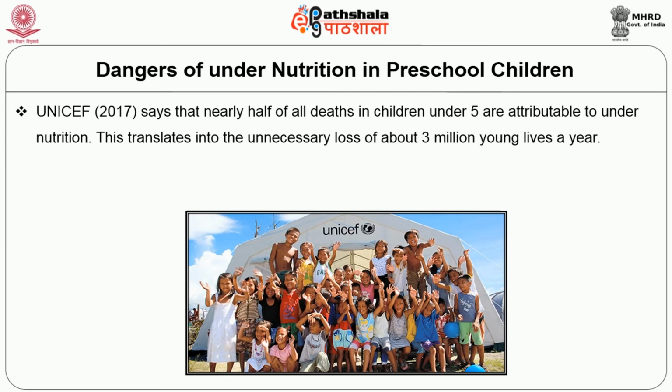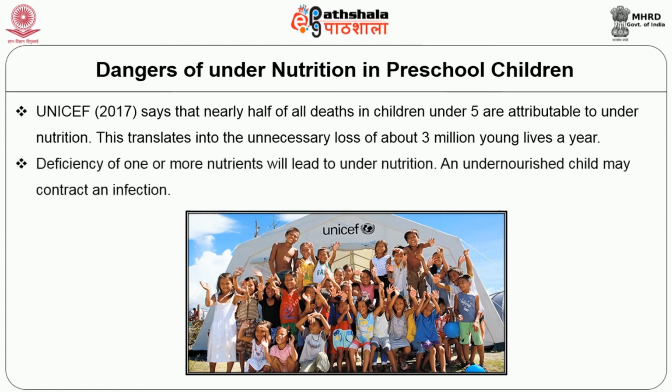What happens if it is not given a priority? There are some dangers of undernutrition in preschool children, and we are going to explain those things. UNICEF, the United Nations Children's Emergency Fund, says that nearly half of all deaths in under 5 children are attributable to undernutrition.